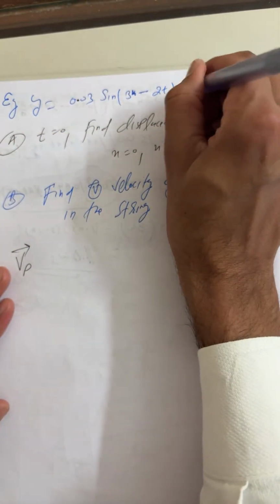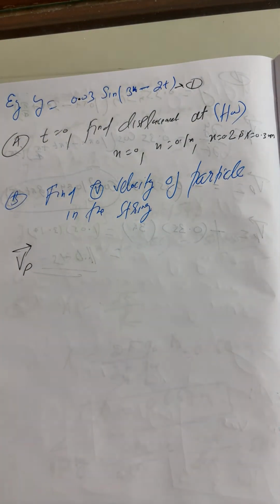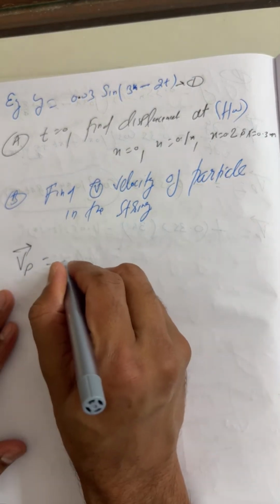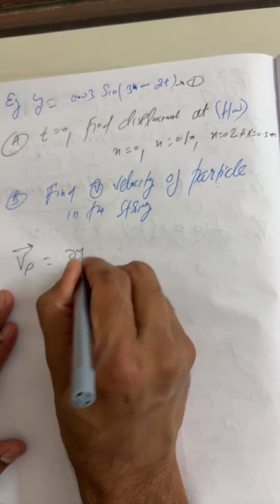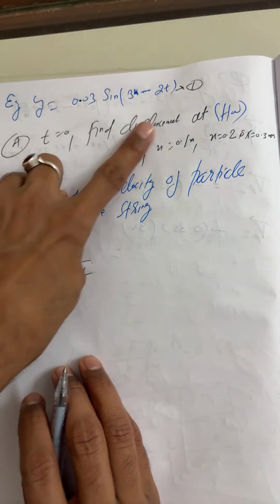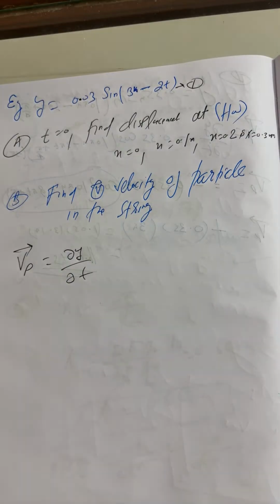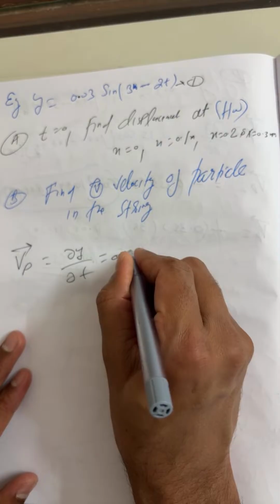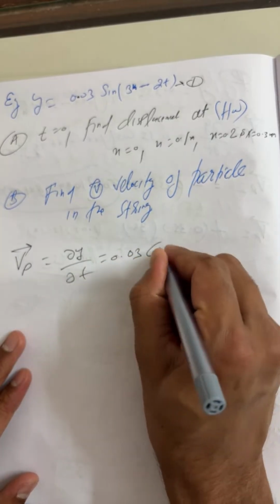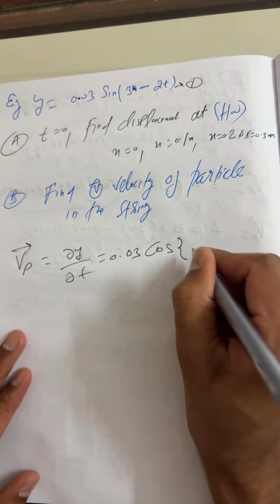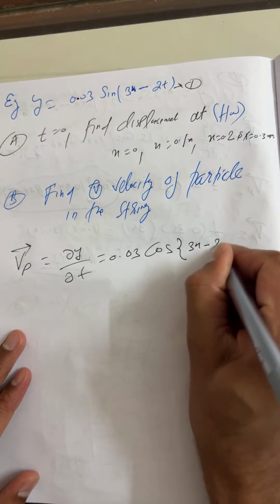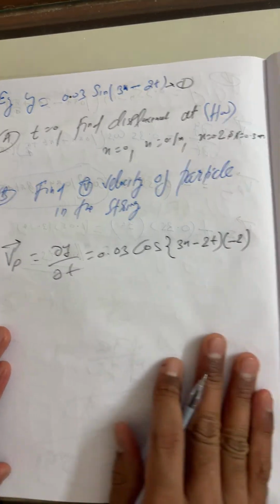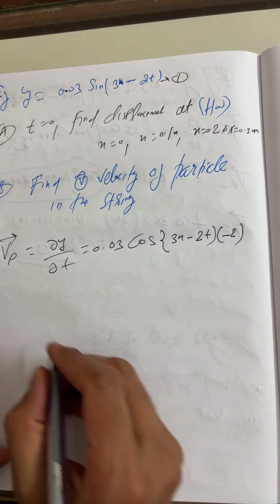Let us suppose this is equation number one. You just have to differentiate one time with respect to time, keeping x constant. This is basically dy by dt. So 0.03 cos(3x minus 2t), and the derivative of the inside gives minus 2.